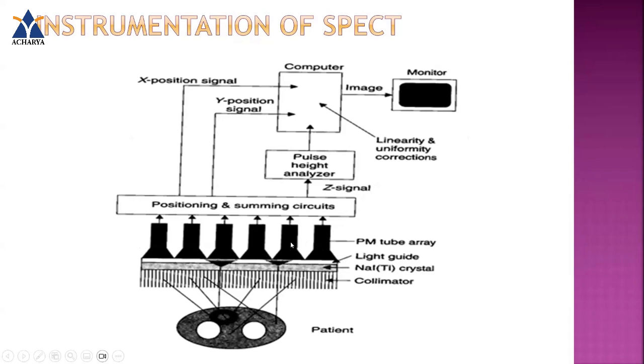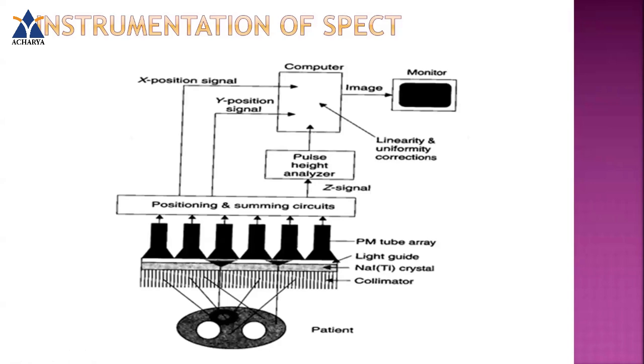After that, the photomultiplier tube releases the electrical signal. The electrical signals are processed by the computer with the help of two things. One is called the positional circuit, another one is called the summing circuit. The positional circuit will give the exact area where the signal is coming from, and the pulse height analyzer will give how much strength the signal has.